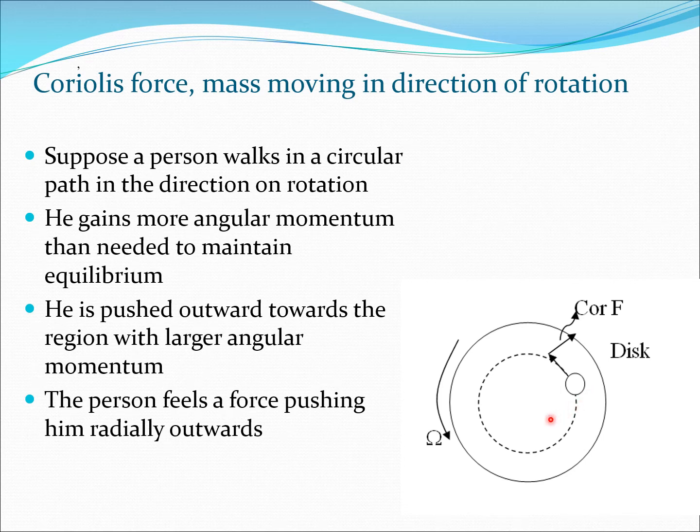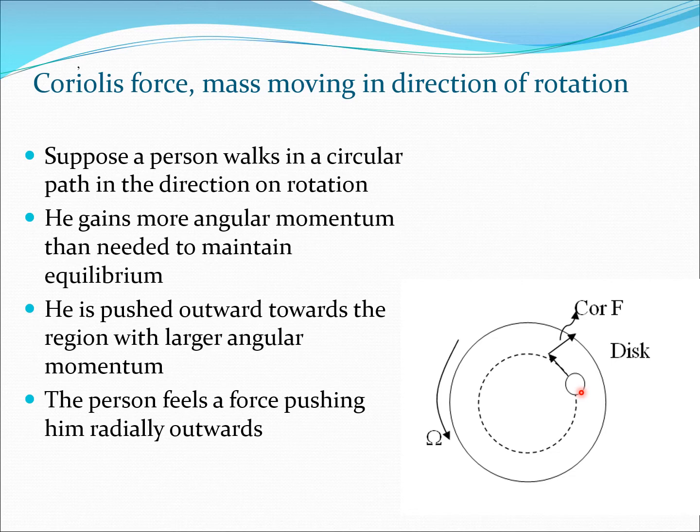So let's look at the first situation. Now just to make it more concrete, let us imagine there is a person here. This is a huge rotating disk, and this person starts walking in a circular path in the direction of rotation. Now as this person starts walking, he gains more angular momentum than is needed to maintain the equilibrium condition.